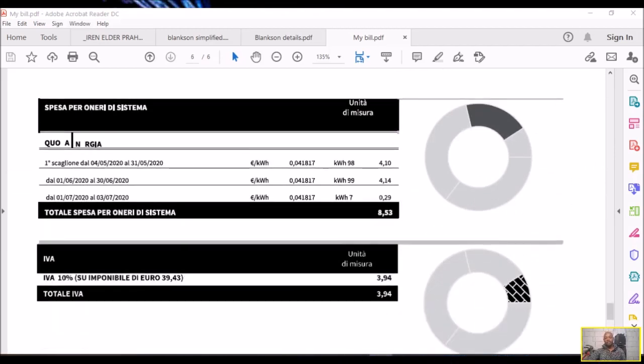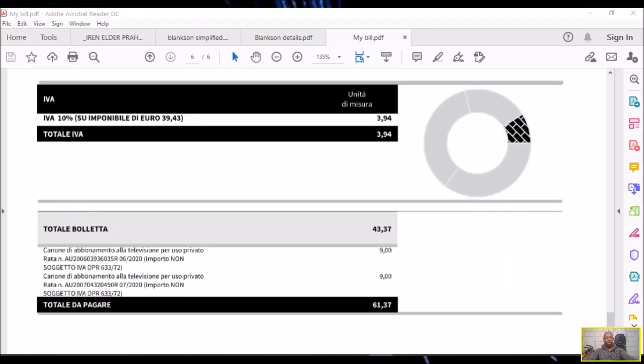Then at the end of the day, the sum of all these three figures will give you a total of 3943, and they will calculate 10% on this 3943, which is €3.94 rounded up. So that is the tax. All together is what gives you 43.37.